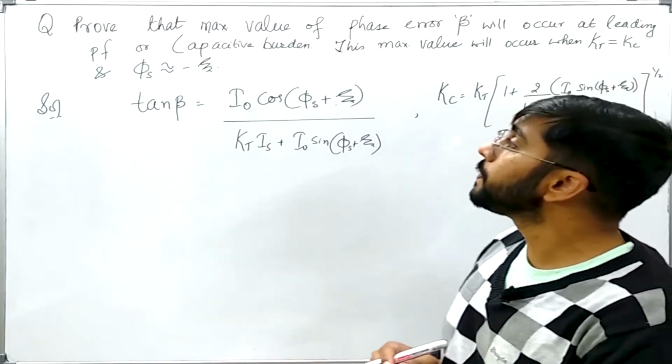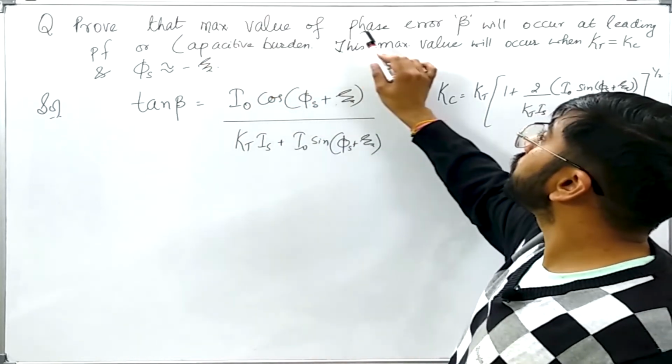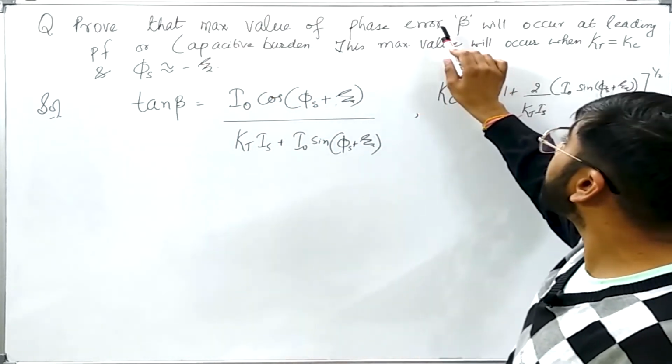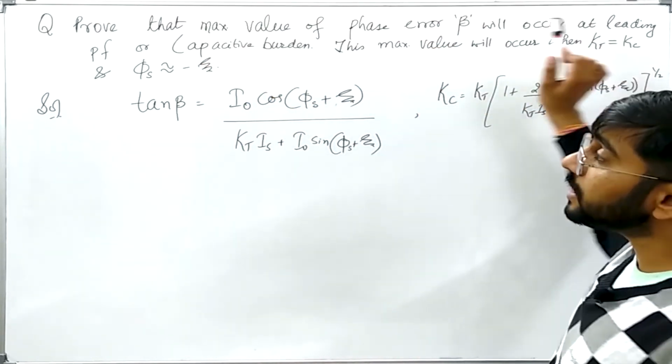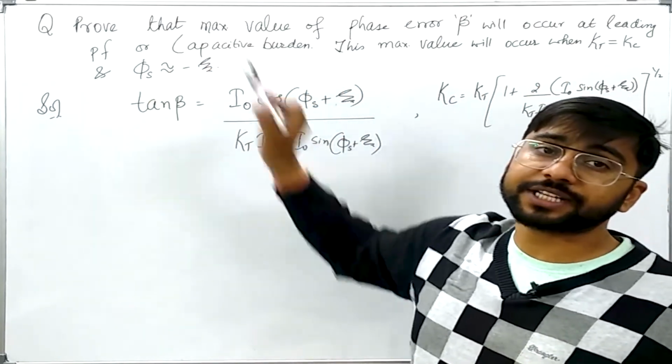We are asked to prove that the maximum value of phase error, that is beta, will occur at a leading power factor, that is, when the burden is capacitive in nature.